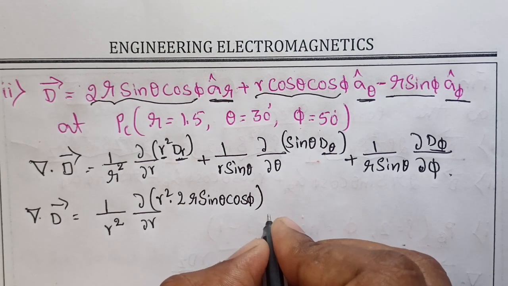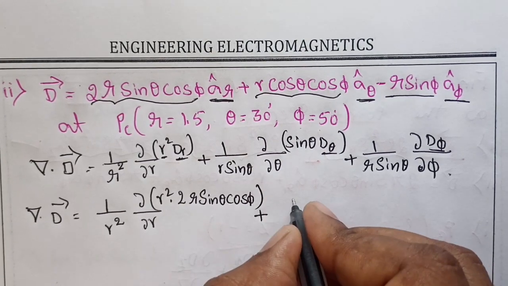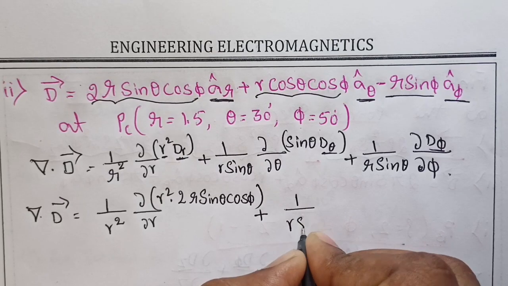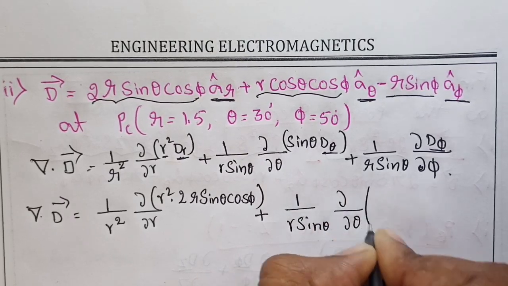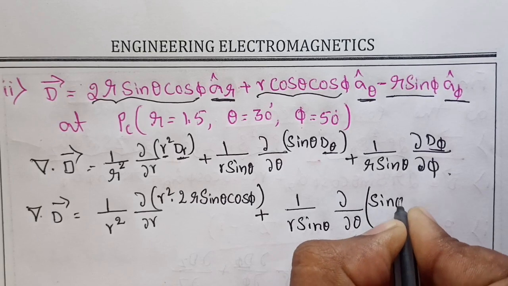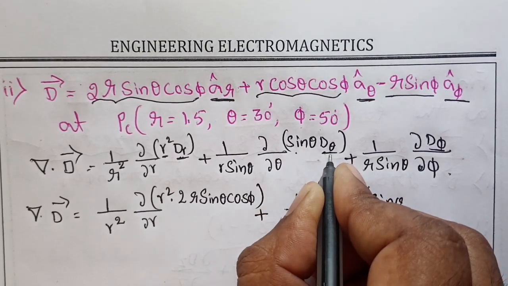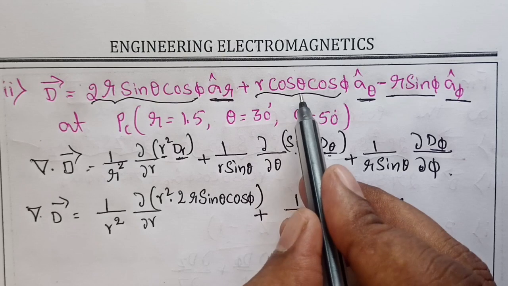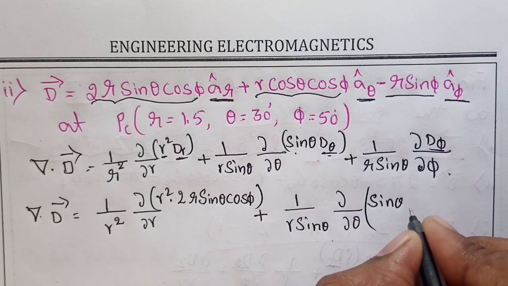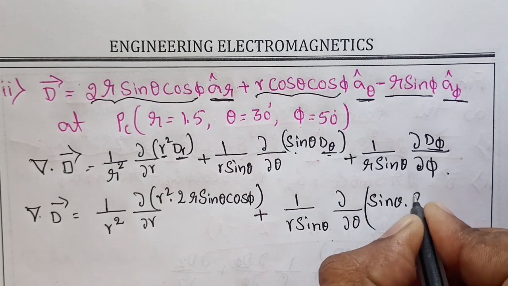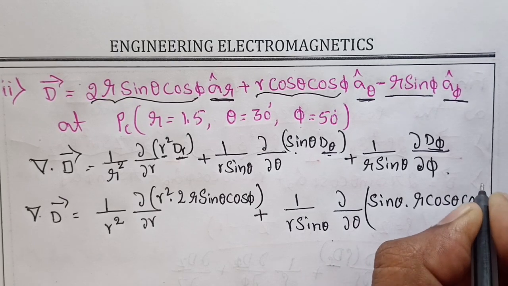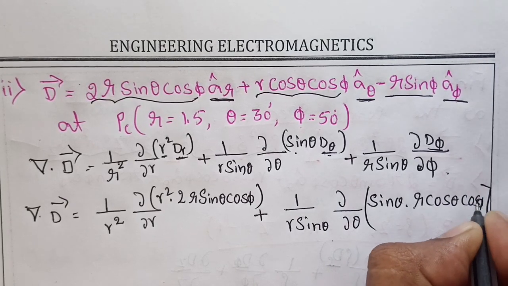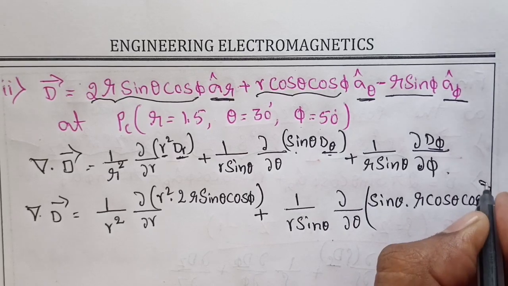So plus, I will write the second term, that is 1 by r sin theta into dou by dou theta of sin theta, I'll write it as it is, and I will substitute for D_theta from this equation. So what is D_theta? It is r cos theta into cos phi.